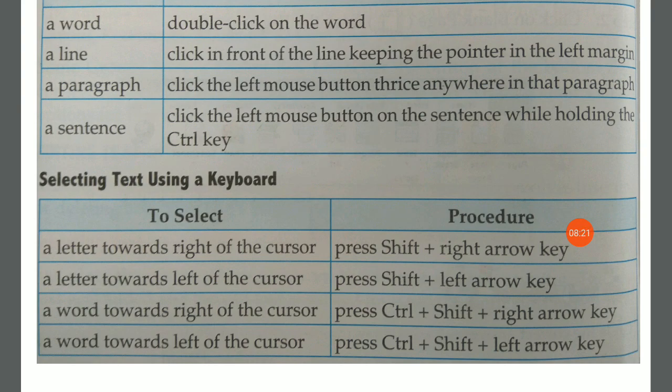Now if you want to select a word towards right side of the cursor, you need to press control plus shift plus right arrow key. And in the same way, if you want to select a word towards left of the cursor, you need to press control plus shift plus left arrow key.